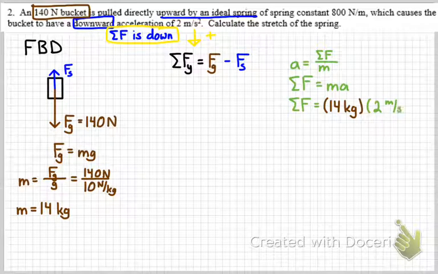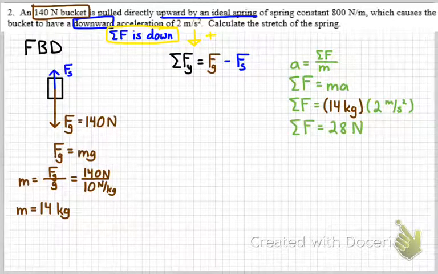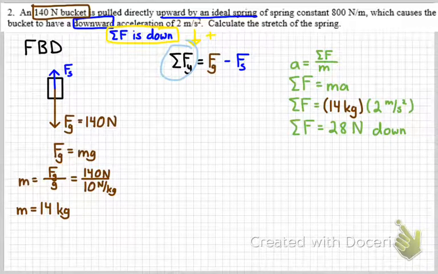So now I know that the mass is 14 kilograms. I know the acceleration is 2 meters per second squared. I get that the net force acting on the bucket is 28 newtons. Again, pay attention to the direction. That net force is down. So in my net force equation, anything that's down is going to be positive. So the net force in the y direction right here in my net force equation has a positive value at this point.